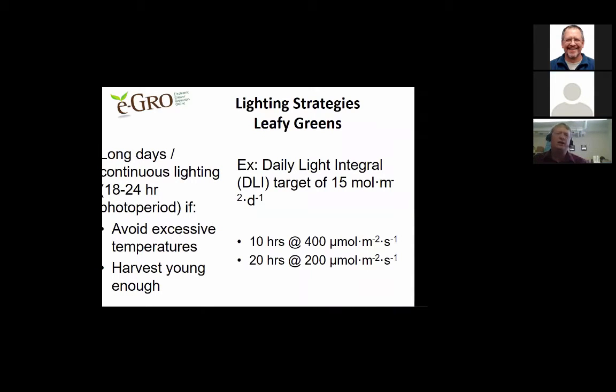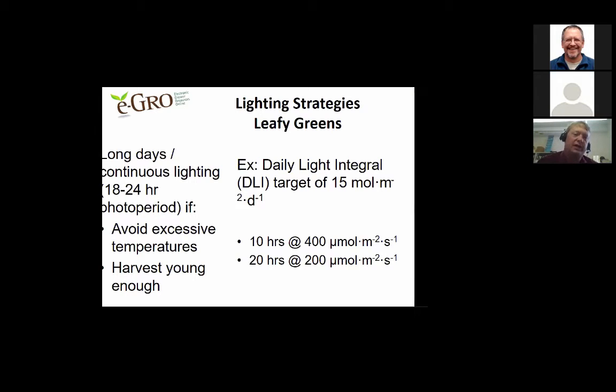In terms of overall lighting of leafy greens, we talked about lettuce and how they are facultative long day plants. But typically, if we're harvesting the plants young enough, day length isn't the main problem causing bolting, it's actually temperature. And so what that means is typically for growing leafy greens, we can use lighting over long days and continuous lighting.